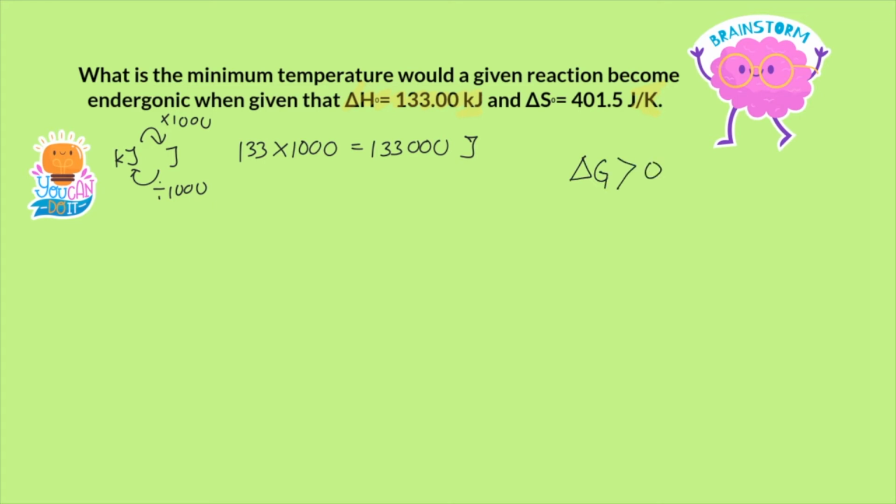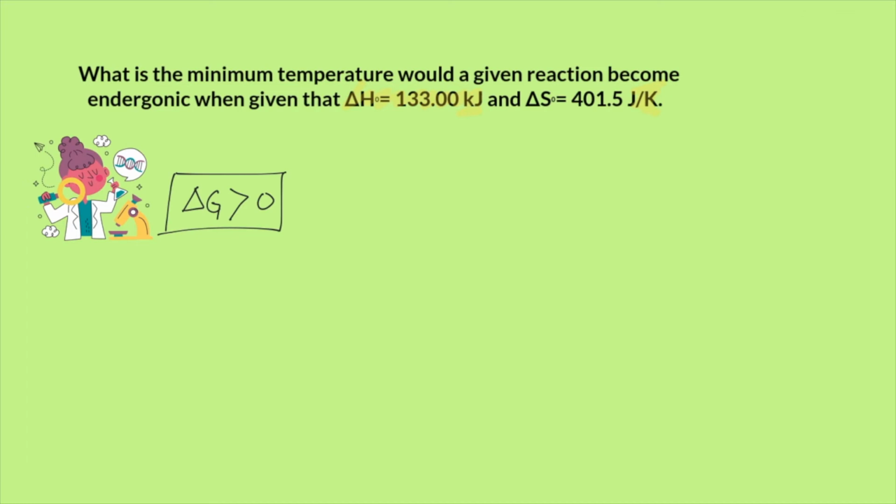Then only it will be considered as an endergonic reaction. In this type of question, you need to be very specific on the temperature itself. So all you need to do is calculate your delta G. Your delta G is equivalent to delta H minus T delta S.